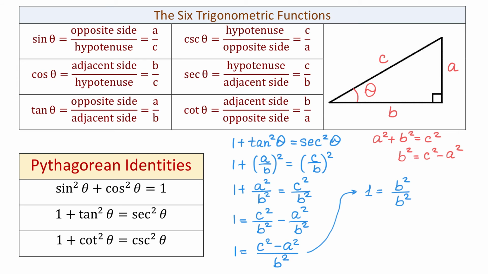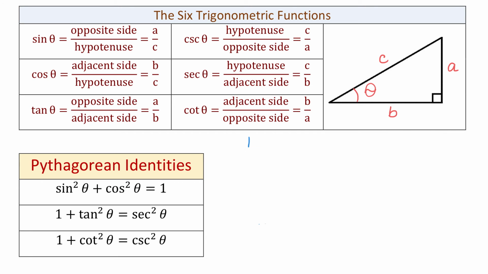And now the last Pythagorean identity is 1 plus cotangent squared of theta equals cosecant squared of theta. Let's verify this one as well. So we have that 1 plus cotangent squared of theta equals cosecant squared of theta.